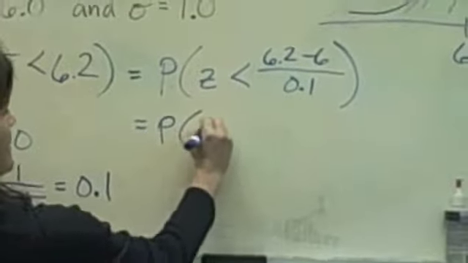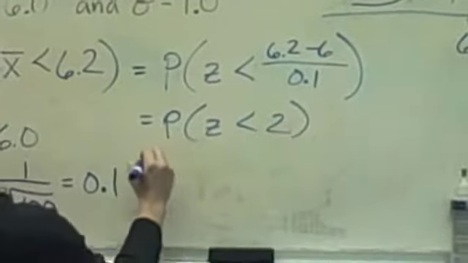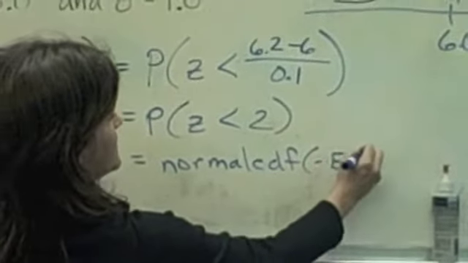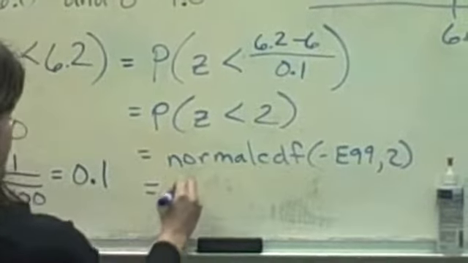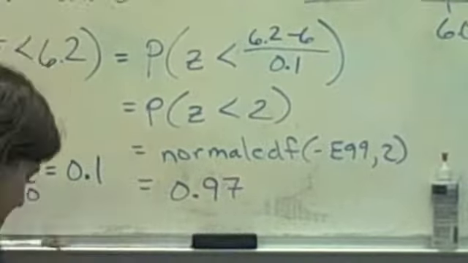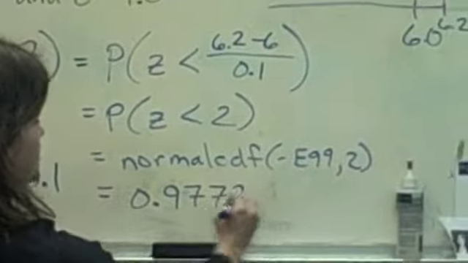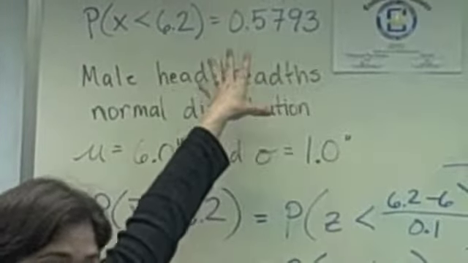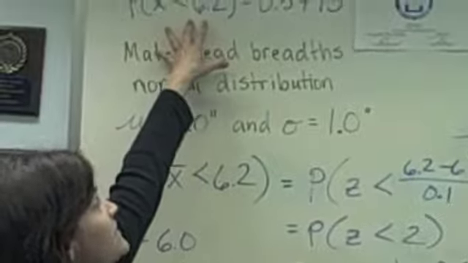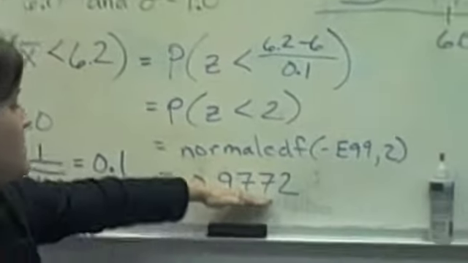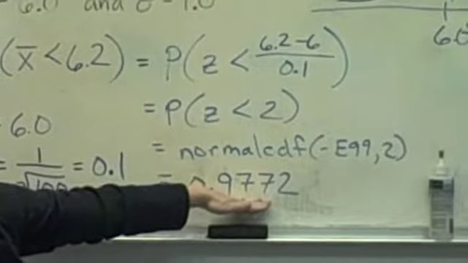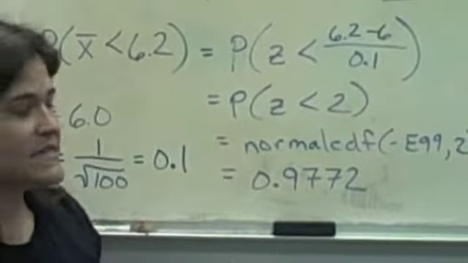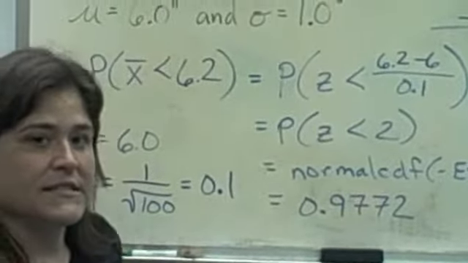And this comes out to the probability that Z is less than 2, which is normal CDF, negative infinity to 2, which is equal to 0.9772. So again, remember, with one man, there was a 57.93% chance that his head breadth was less than 6.2 inches, but when it comes to a mean of a sample size of 100, there's a 97.72% chance that the mean of those head sizes is less than 6.2 inches.